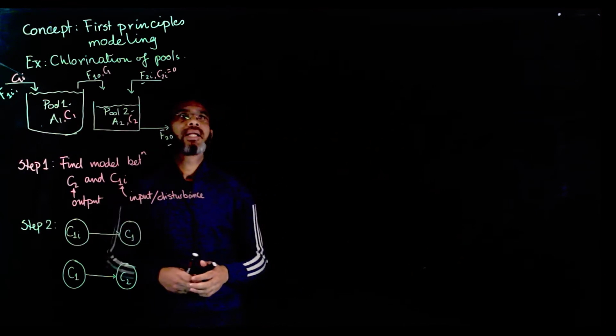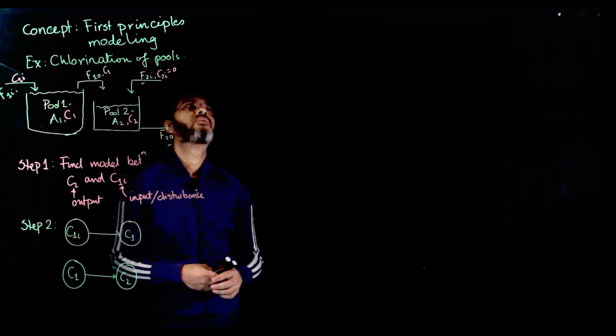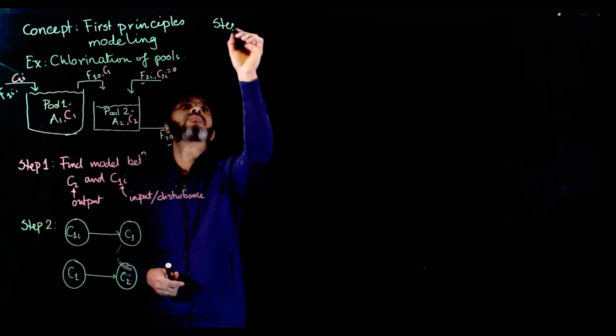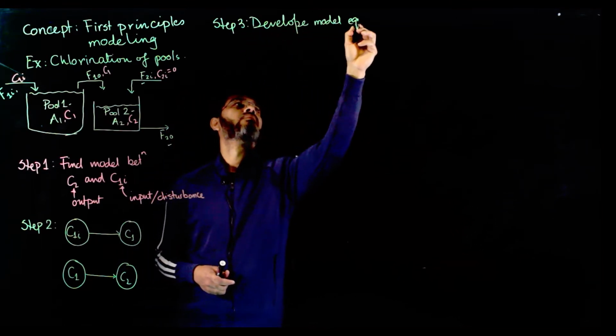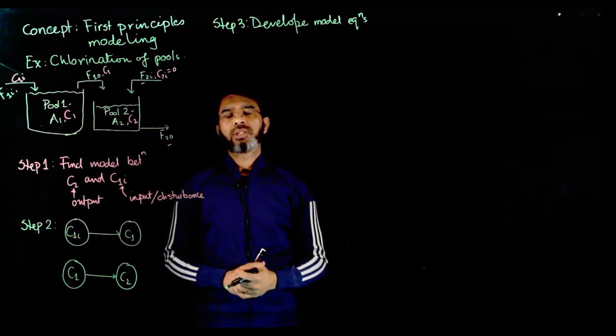Now the step 1 and step 2 is done. The third step is the main step in the modeling exercise, which is to develop model equations. Now we'll start with the conservation principles.